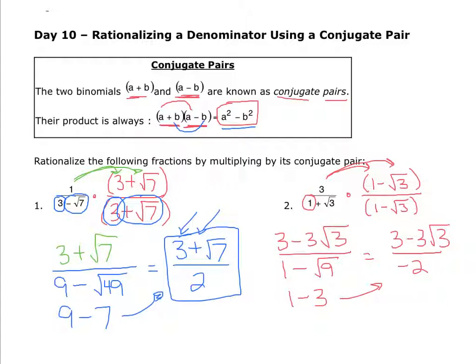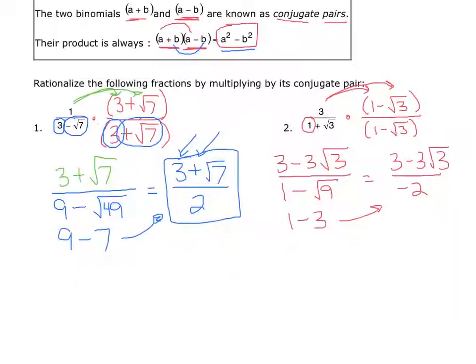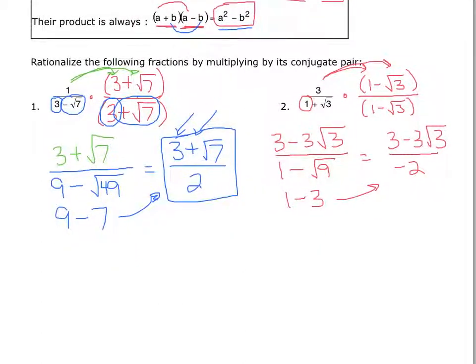The one thing we have to be cautious with this problem is that we're often not going to leave a negative in the denominator for our final answer. So the negative will be written out in front, and it'd be 3 minus 3 radical 3 over 2.